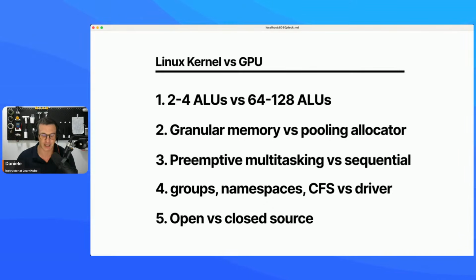That's another big point: the Linux kernel is open source. If you think about it, cgroups and namespaces were all contributed incrementally, and new namespaces are added, and there is a community developing the kernel. Whereas the driver provided by the GPU vendor is a closed-source blob that has some API you can interact with, but you don't really know what's going on inside. So these are the two differences.